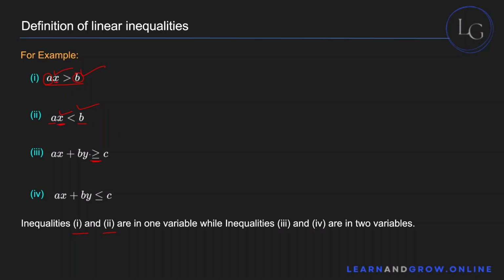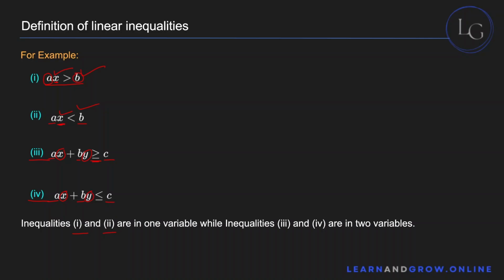So it's a one variable inequality. While inequalities 3 and 4 are in two variables. As you can see, we have x and we have y. Two variables, x and y. A, b and c in both these inequalities are just constants.